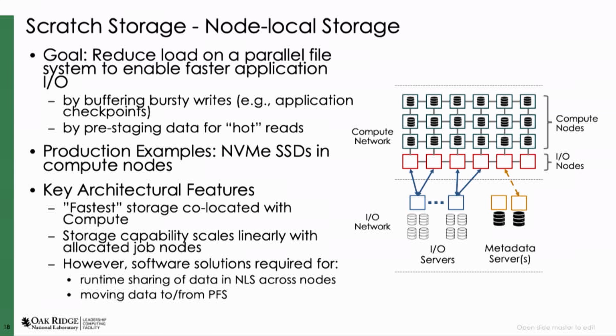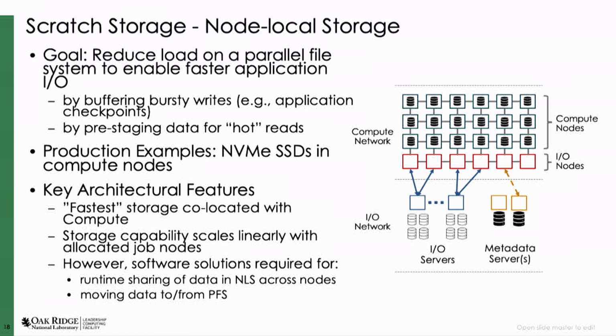The node local storage is only accessible to the things running on that node. So there's a lot of very smart people working on solutions that can make this stuff look like a shared file system. And then you also have to have special solutions for taking data that you put into this node local storage and actually pushing it out. It's not automatic in terms of like a burst buffer tier.